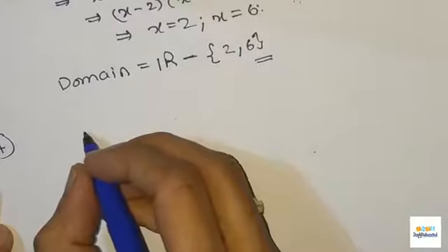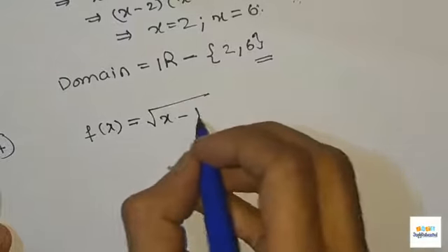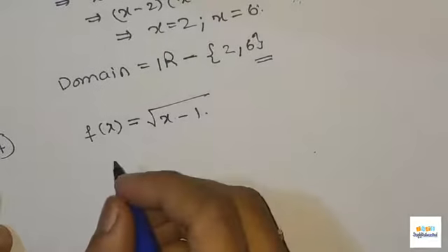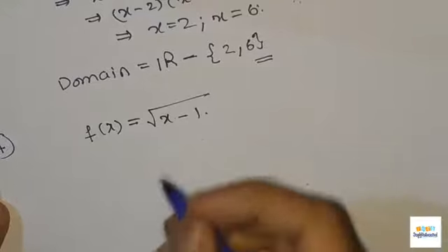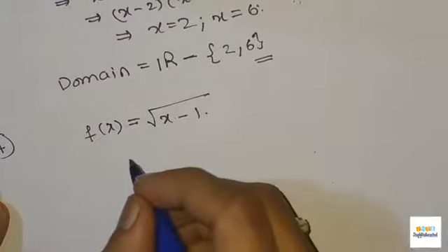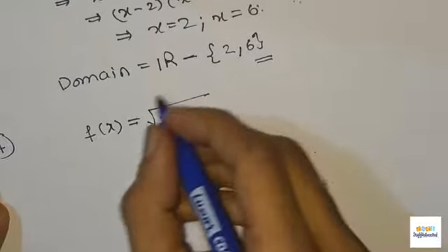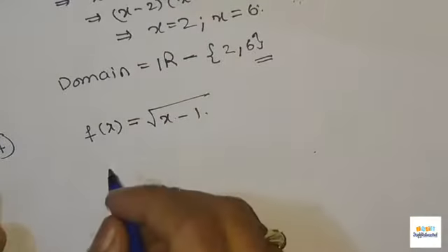You are given a function f(x) equal to root of (x minus 1). We have to find the domain and the range of this function. So you know how to find the domain. We have done one problem just now. We have to check where this function is defined, or for which values of x the function is defined.